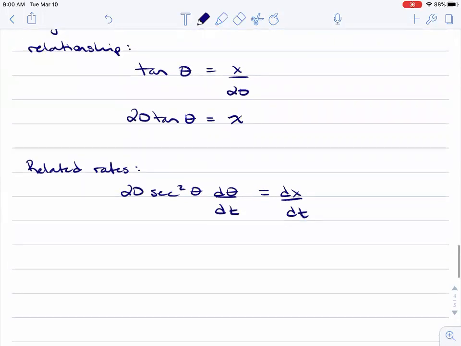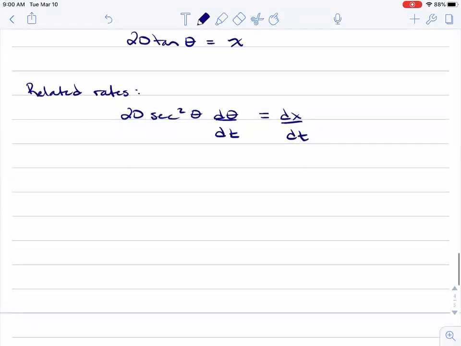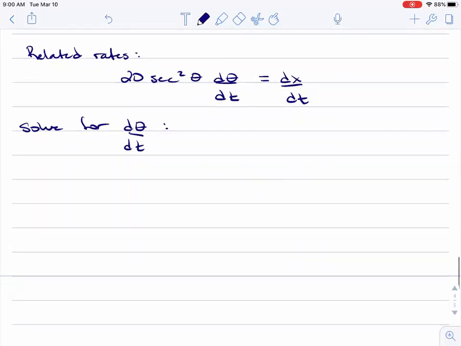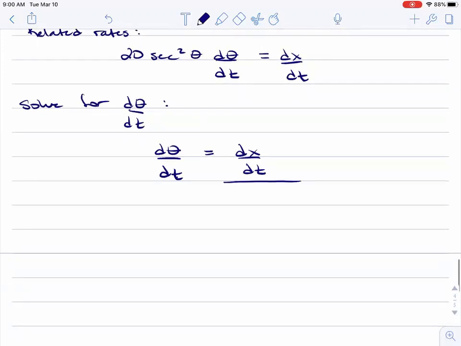We want to find d theta dt, so solve for d theta dt. So we get d theta dt is dx dt divided by 20 secant squared theta.